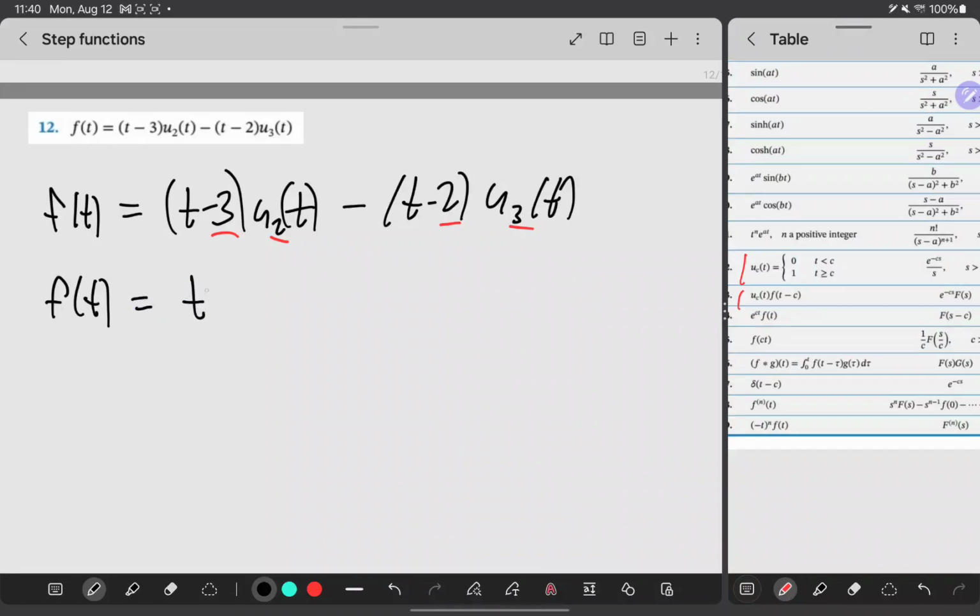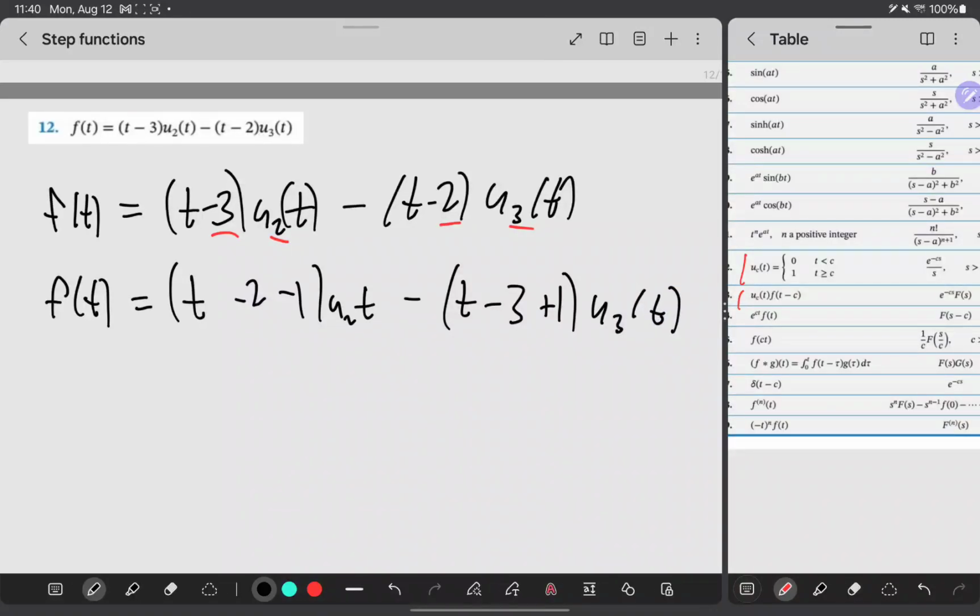We can make this t minus 2 minus 1, and we can make this t minus 3 plus 1, right? So we need that minus, we need the 3 in there, and we need it to be equal to negative 2.